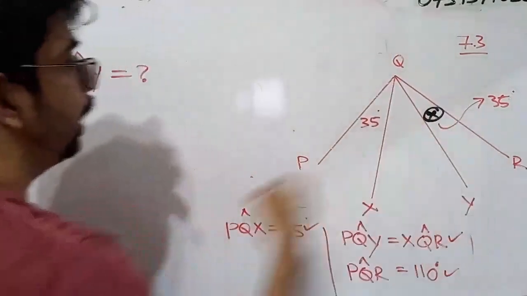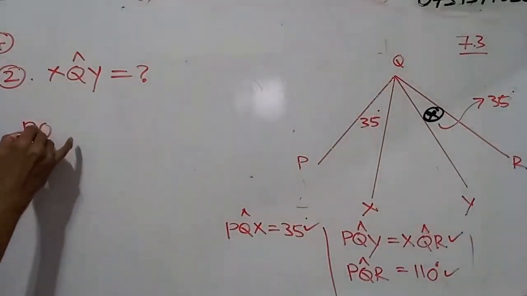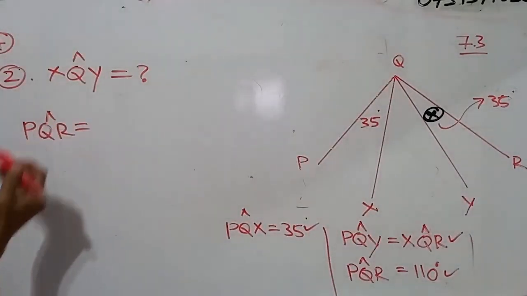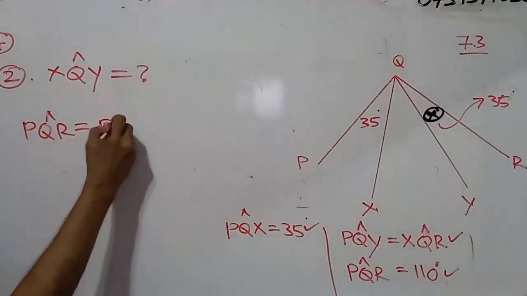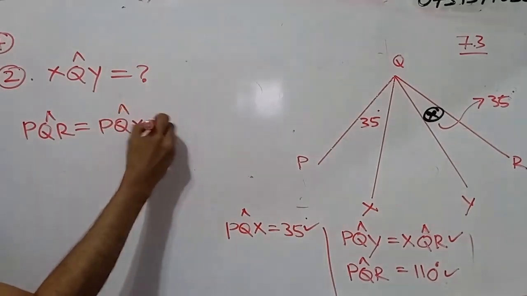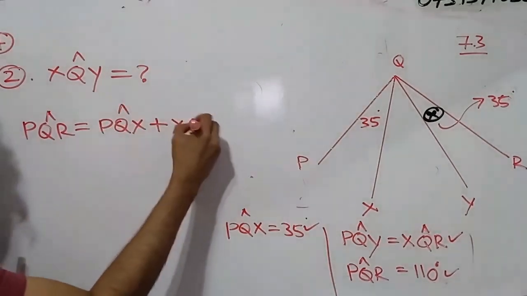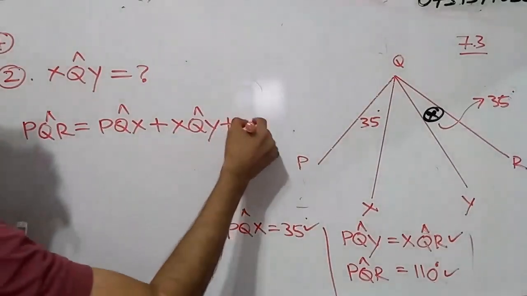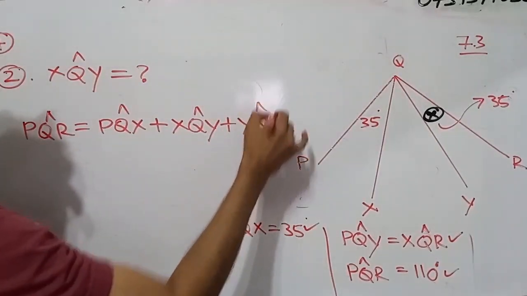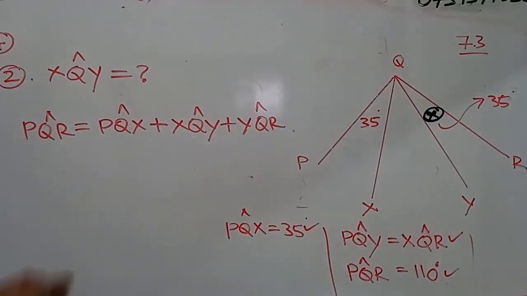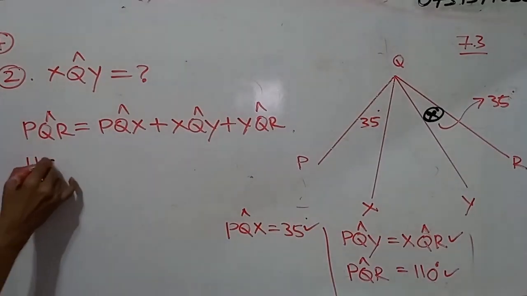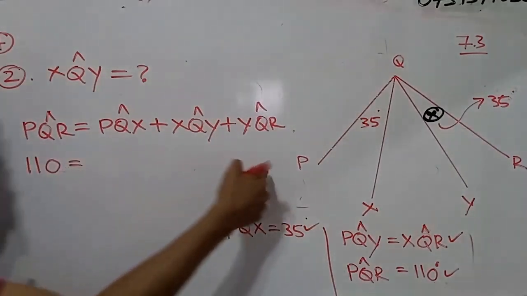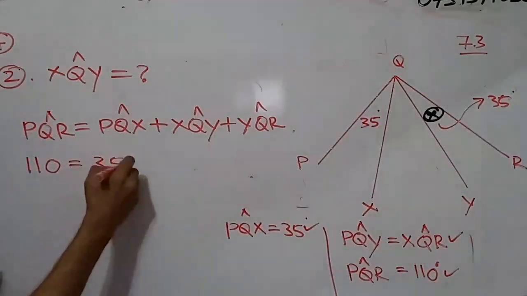Take the whole angle, PQR angle. That is equal to PQX plus XQY plus YQR. PQR means 110. PQX means 35.